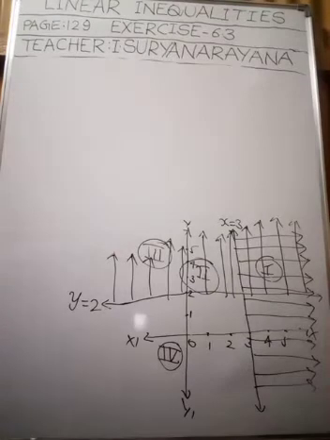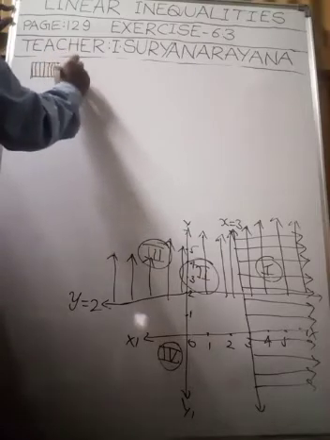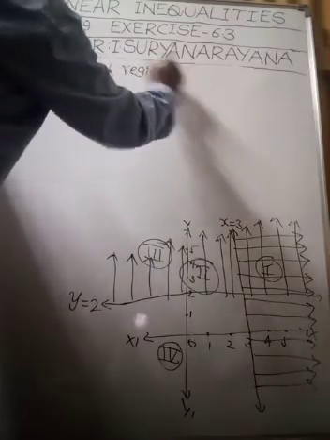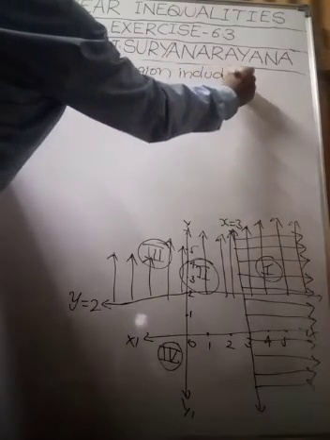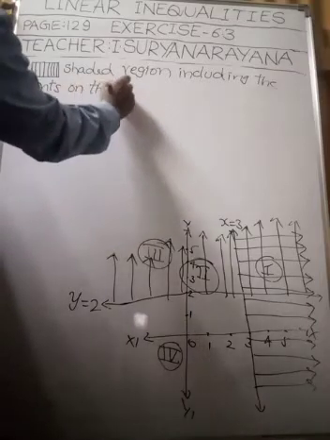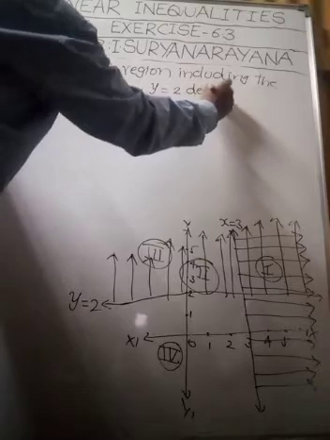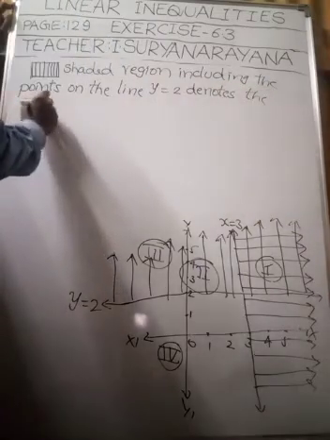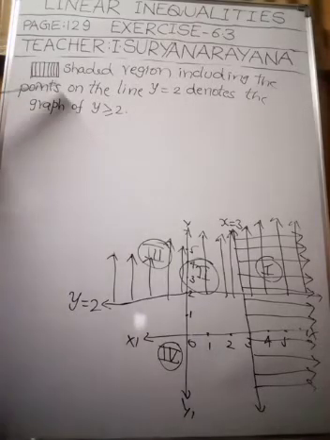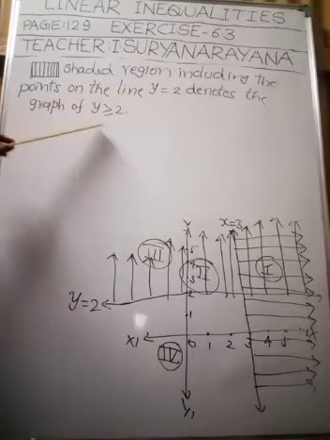Right. Write that point. The vertical lines shaded region, including the points on the line y is equal to 2, denotes the graph of y greater than or equal to 2.